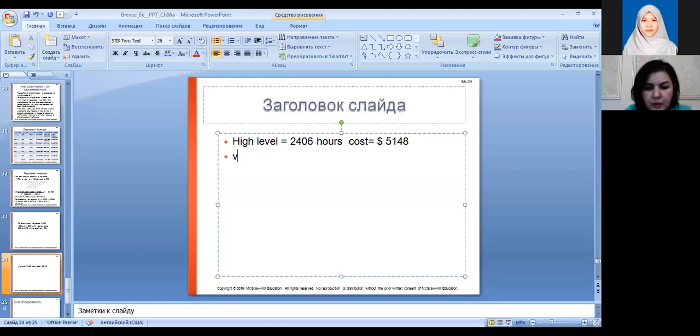And we know that the variable cost per unit, which we have already calculated, is equal to $1.56.